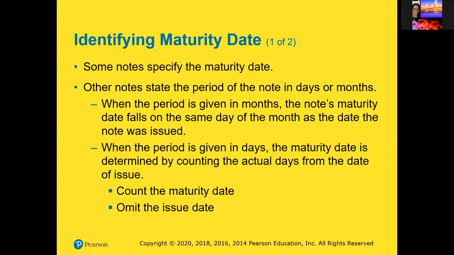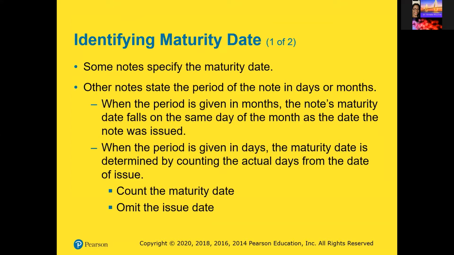Some notes specify the maturity date. Other notes state the period of the note in days or months. When the period is given in months, the note's maturity date falls on the same day of the month as the date the note was issued.